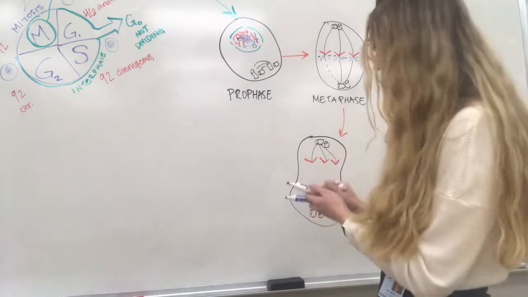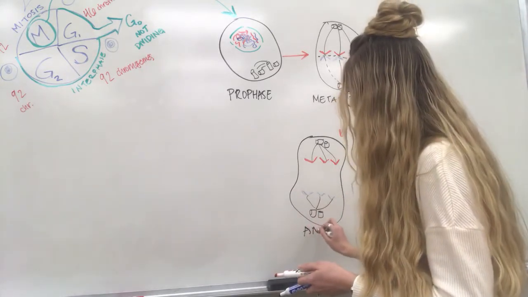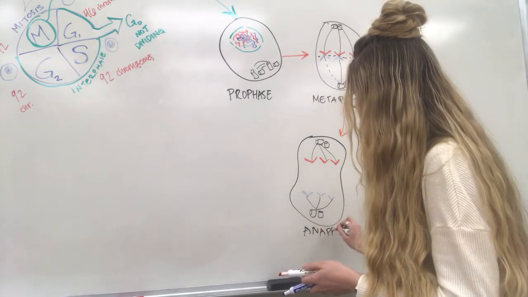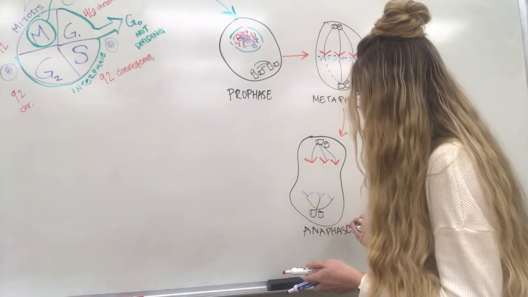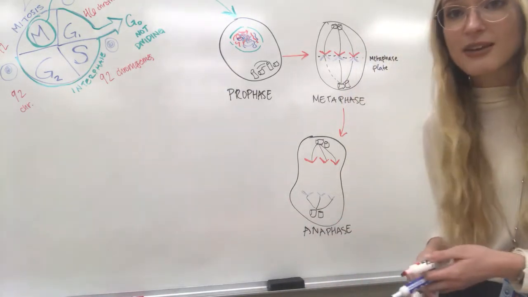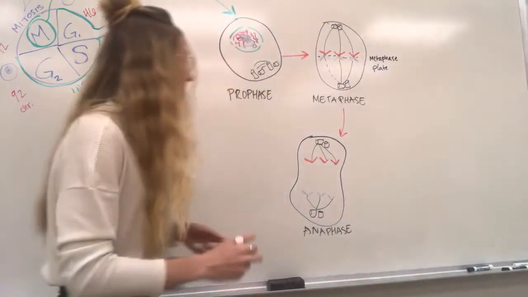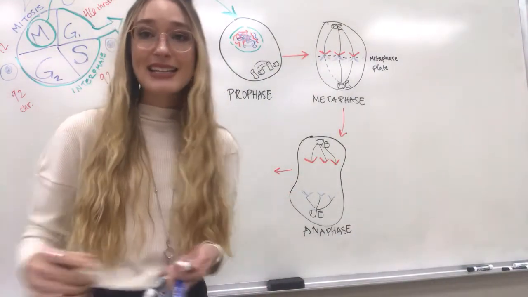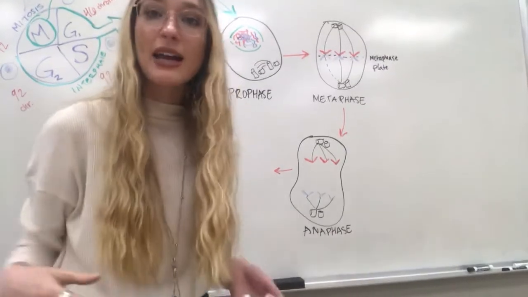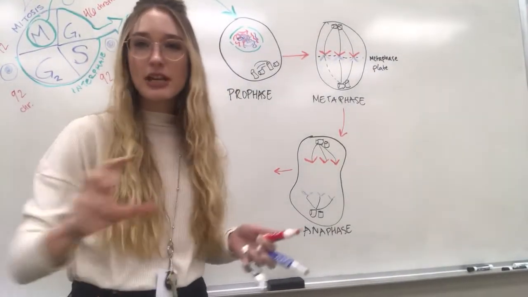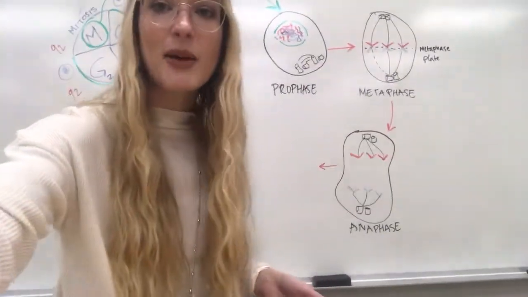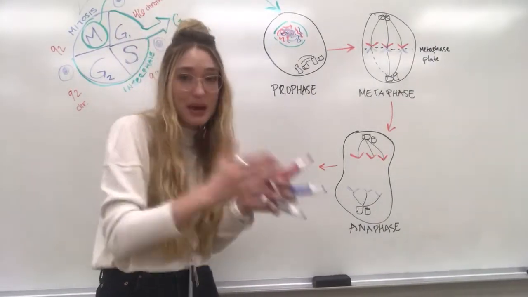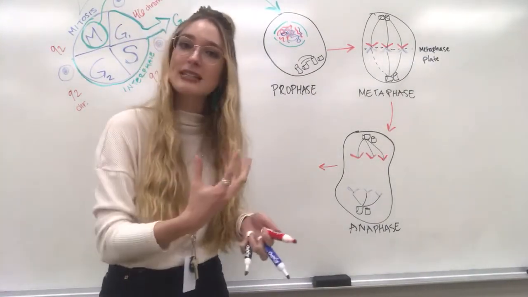The next phase after anaphase is telophase. Telophase and cytokinesis happen almost at the same time, and it's hard to differentiate between the two because mitosis is not a stepwise process, it's all continuous.